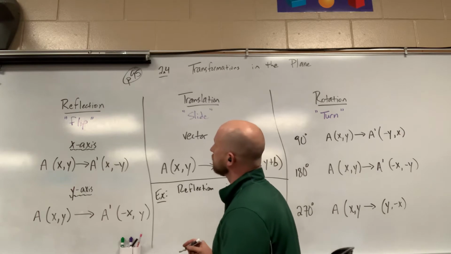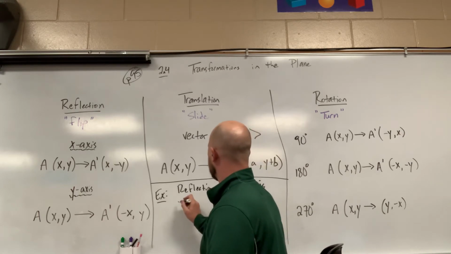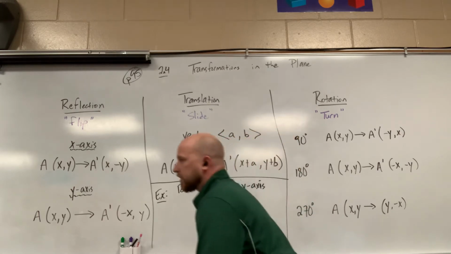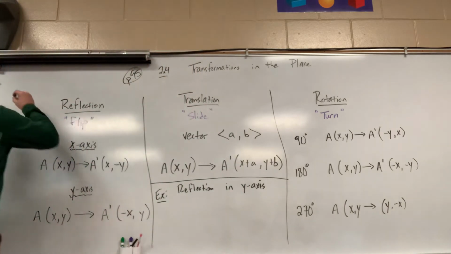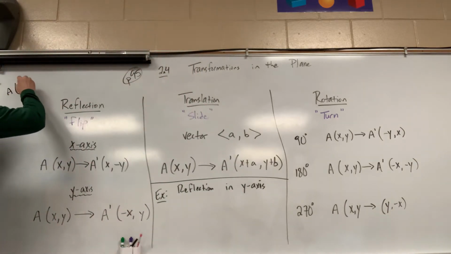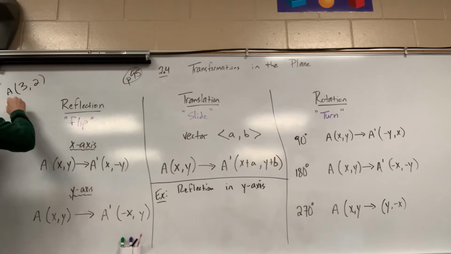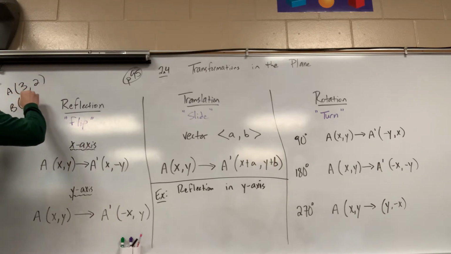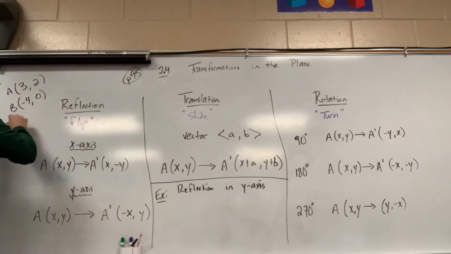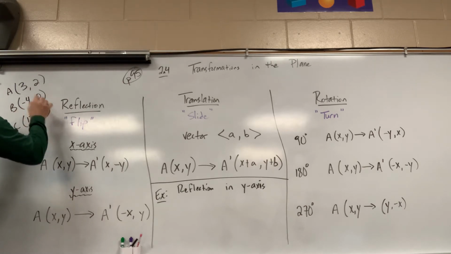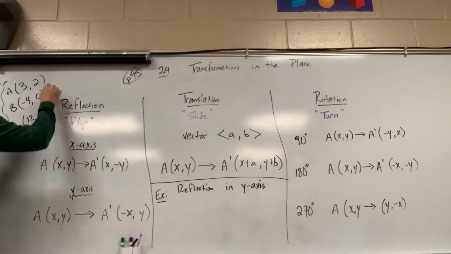Let me see if I can put this somewhere over here. Let's go A, I'll stick with 3, 2. B, negative 4, 0, and C, 12, negative 5. In my examples, I'm going to use these 3 points.